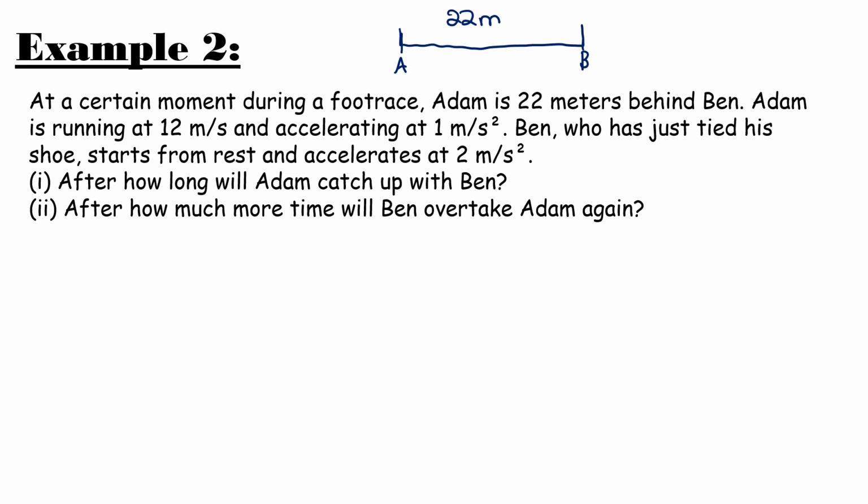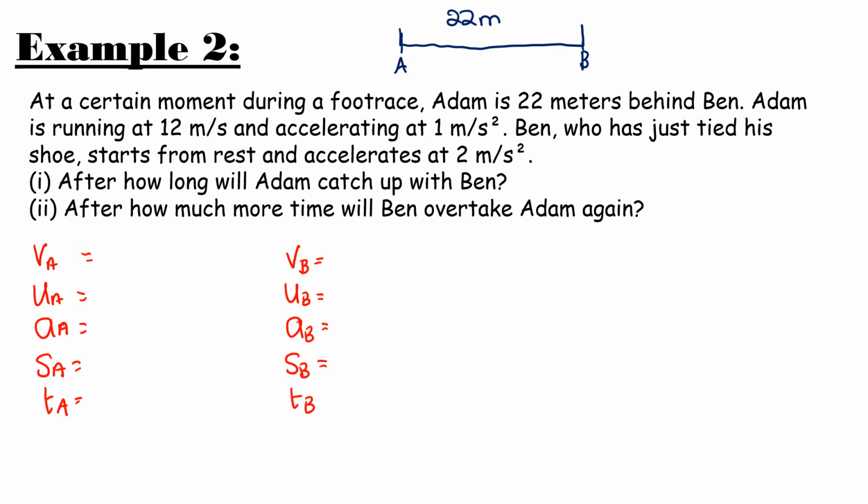So this is where we need to do a little bit more thinking. Let's start with our VUAST, and we'll again use our subscripts, A for Adam, B for Ben. Okay, so we fill in what we know.